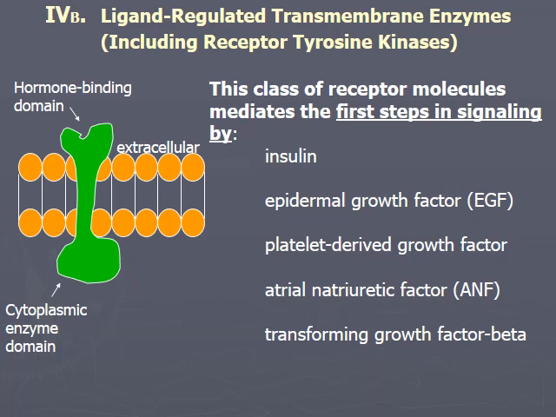The drug I'm thinking of right now is called Herceptin. Have you ever seen it? If you haven't, that's okay, but it works by neutralizing EGF signal. Platelet-derived growth factor, another signal to grow. So these types of ligands use this type of receptor to get cells to grow better.